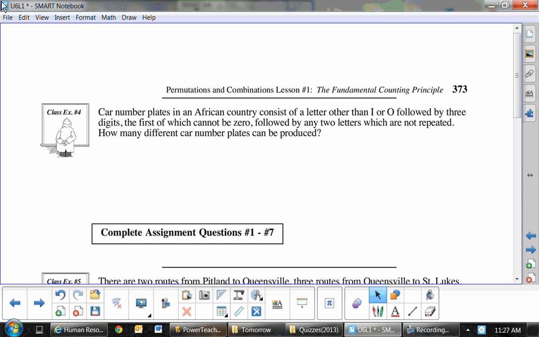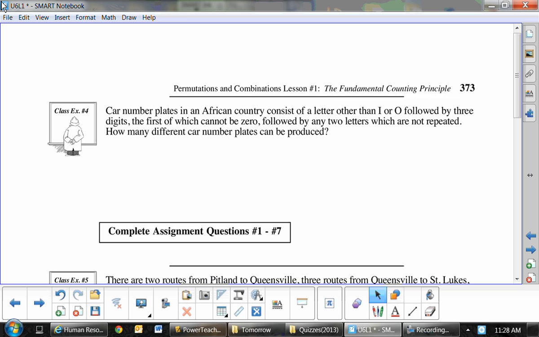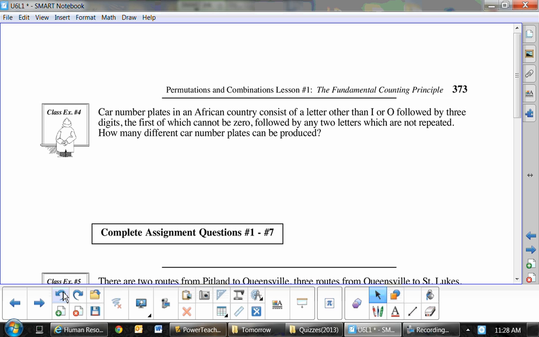Now, the first question I would ask is how many blanks would I do? 6. Okay, the first is a letter. This is a letter, cannot equal I or O. Then we have followed by 3 digits. 1, 2, 3.